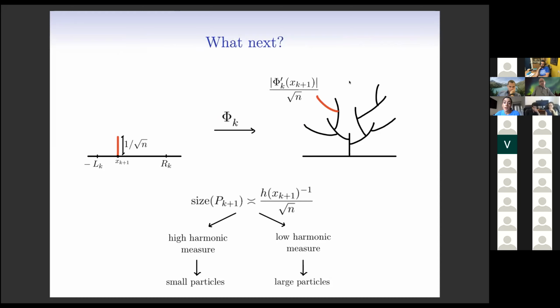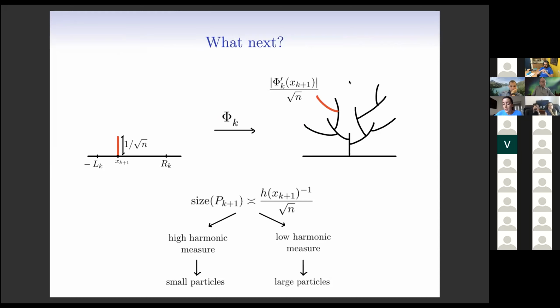And this distortion is intrinsic to these models, but it's unphysical. You would like particles to have roughly the same size in the actual cluster if you want to mimic DLA, for example.